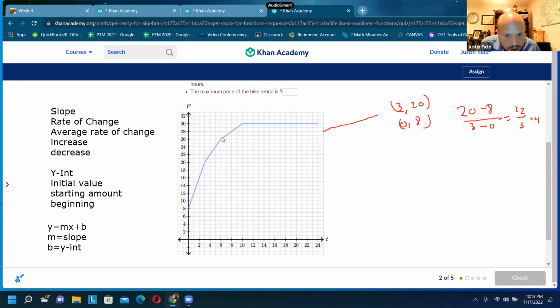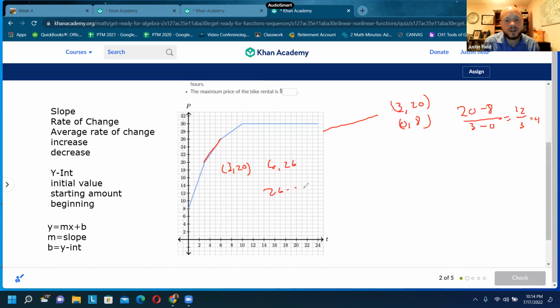Okay, so what is the slope of this line here? Let's start with (3, 20). For this line right here, you can see that it has a new slope. At 3, it's 20, and right here at 6, it is 26.